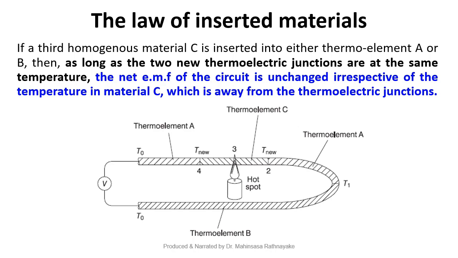So as long as the 2 new thermoelectric junctions are at the same temperature, the net electromotive force of the circuit is unchanged irrespective of the temperature in material C, which is away from the thermoelectric junctions. So this is very important, that sometimes we can neglect disturbance temperature on the measurement system using the thermocouple laws.